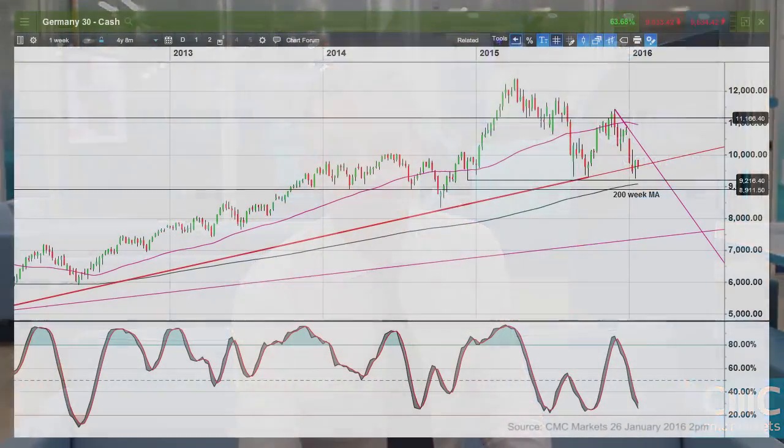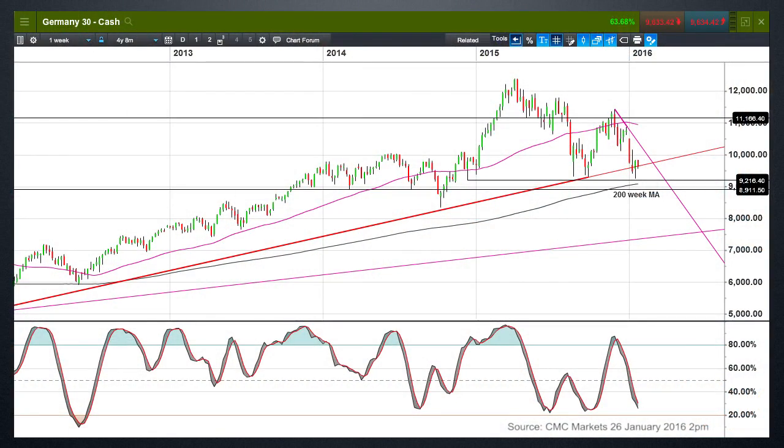Moving on to the German DAX, and it's a similar sort of story again. We're looking at a long-term chart, and again I've identified a number of key support levels, notwithstanding the 200-week moving average. That for me is the key support level, along with the 9,300 area, which we bounced off earlier this month.